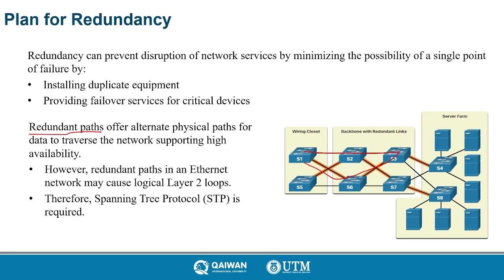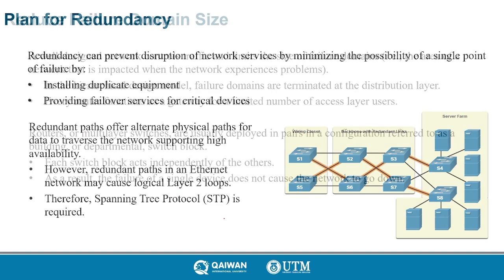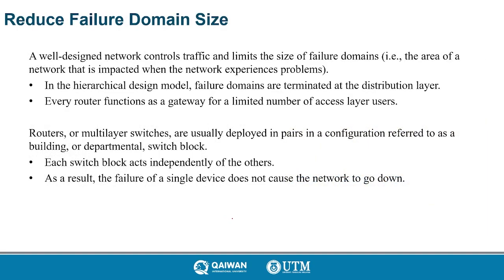However, redundant paths in an Ethernet network may cause logical layer 2 loops. Yes, we will have some loops in here. Sometimes traffic might go in here, have a loop, return back and go down. So STP, Spanning Tree Protocol, needs to be used on the switches, so it will block the loop in the switch.